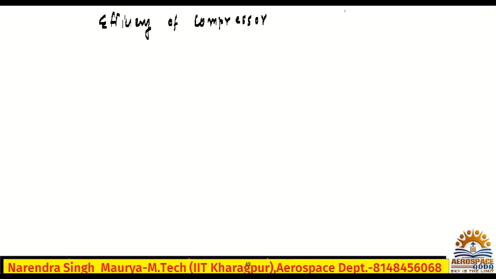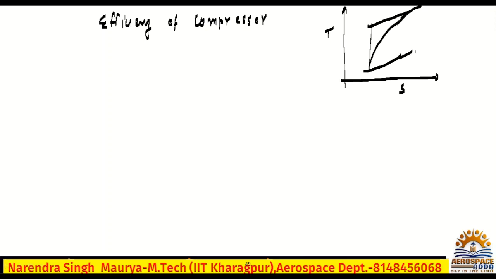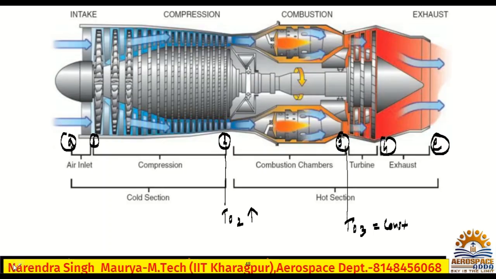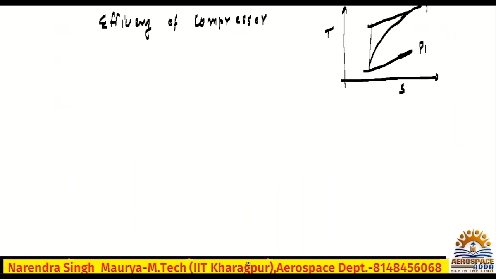This T-S plot is more familiar. What is the point for the compressor? Compressor 1 and 2. So this is P1 and this is P2, two pressure lines.